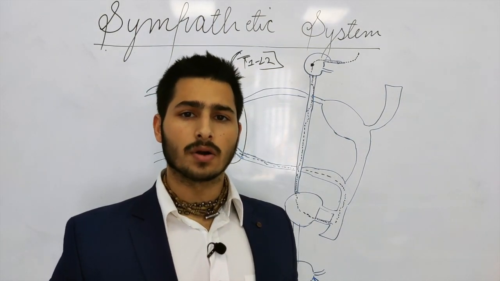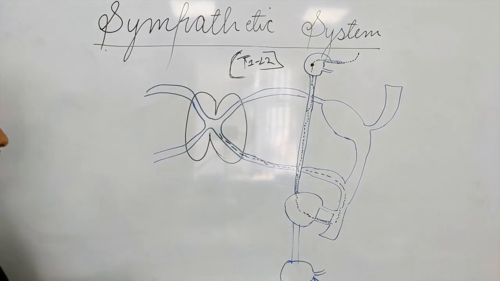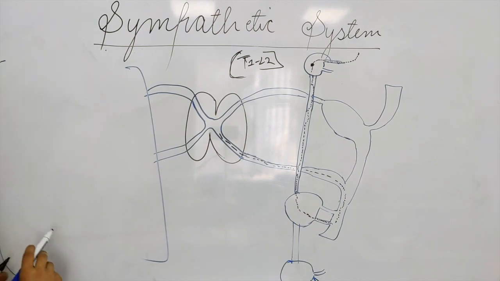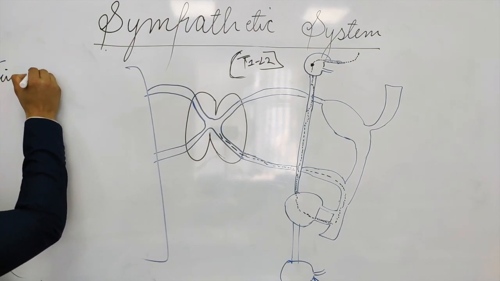And what are the organs or areas that are innervated by such kind of innervation? The main target for these kinds of innervations is in the head.